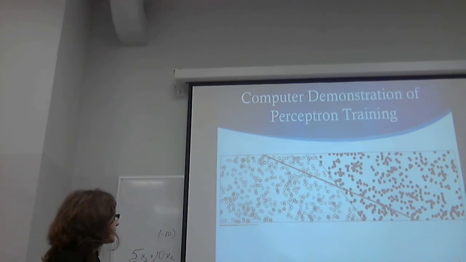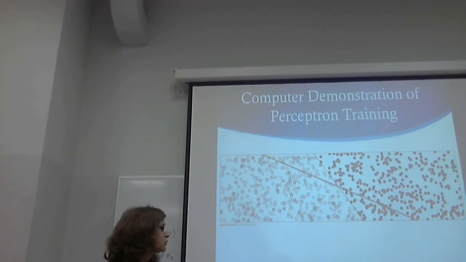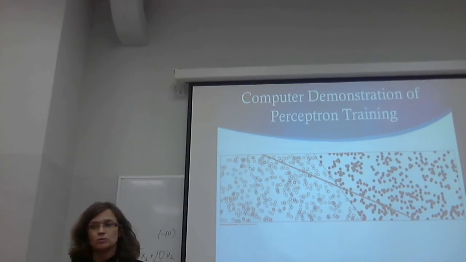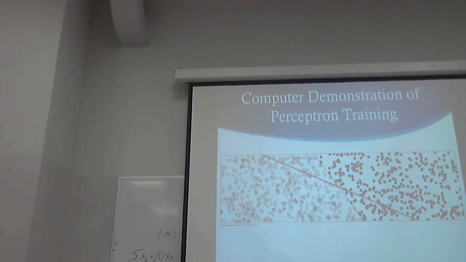You can Google natureofcode.com plus chapter 10 neural networks. Did you find it?